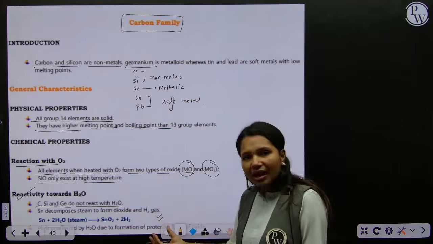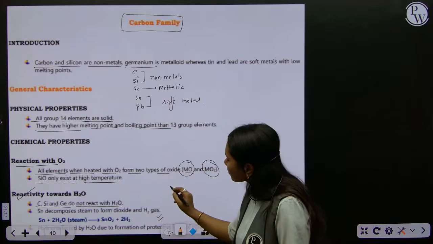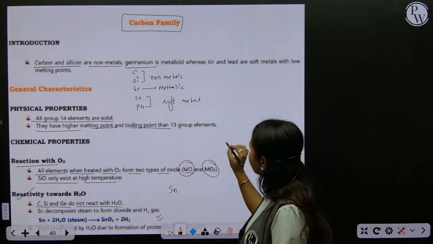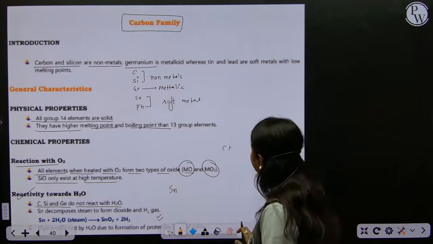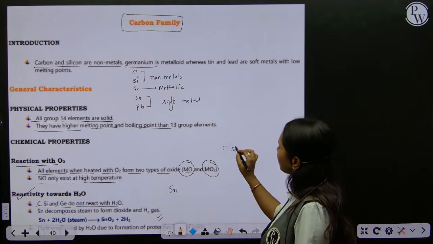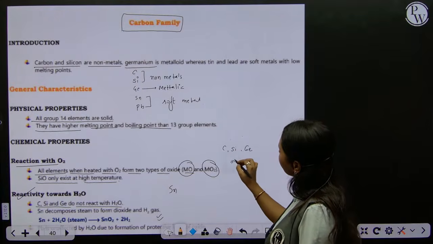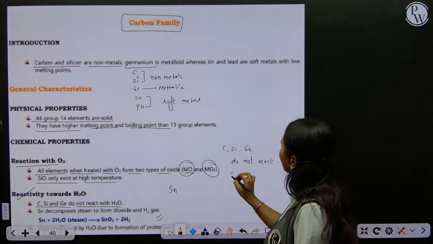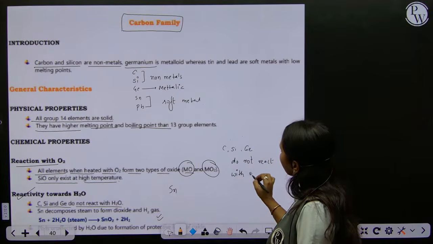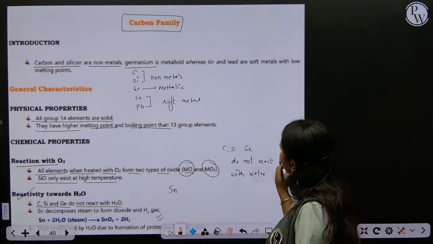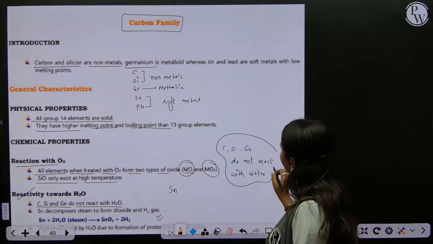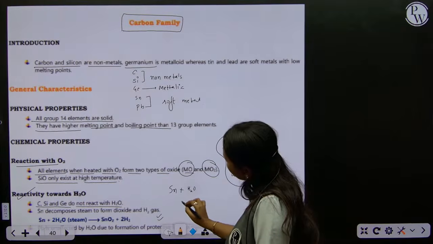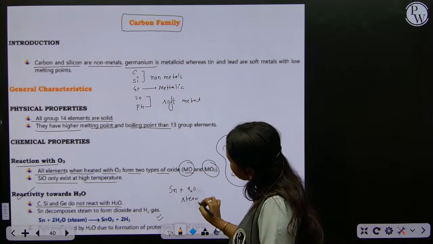So remember this reaction. Carbon, silicon and germanium do not react with water. Tin decomposes steam. What is the meaning of steam?